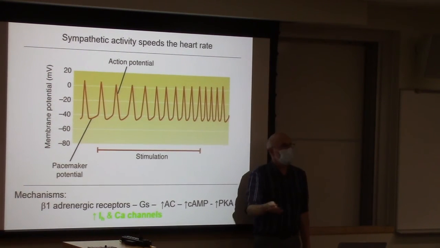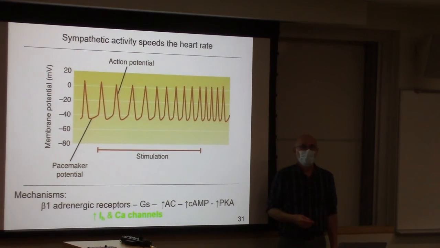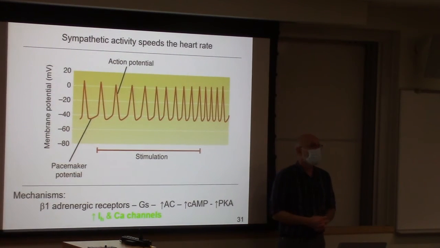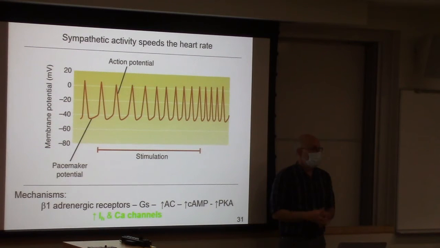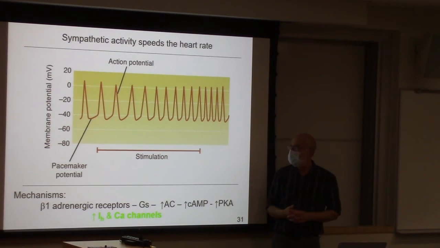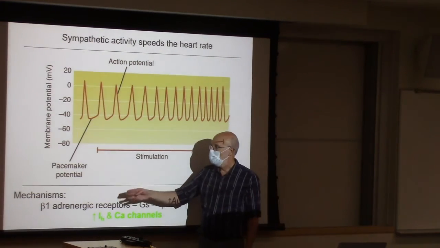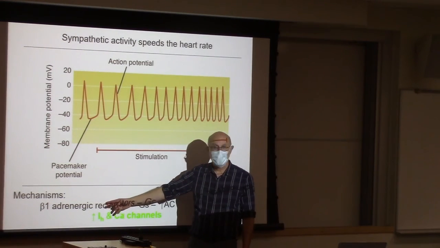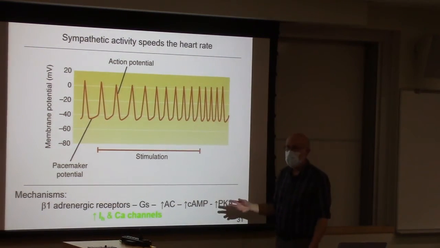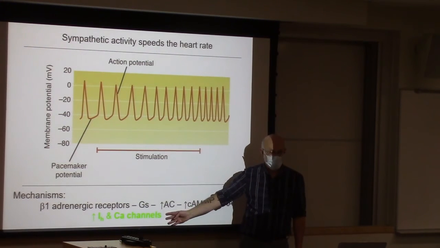So when you're nervous or stressed or working out, physical stress, your sympathetic nervous system: norepinephrine and epinephrine, GS, beta-1 receptors, GS story, IH and calcium channels.